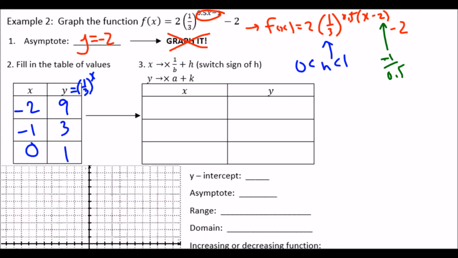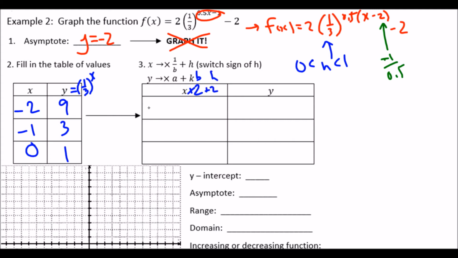Now I'm going to apply my transformations. To x, I am going to multiply by the reciprocal of my b value, 0.5. So I'm going to multiply by 2. And then I'm also going to add 2. That's my h value.